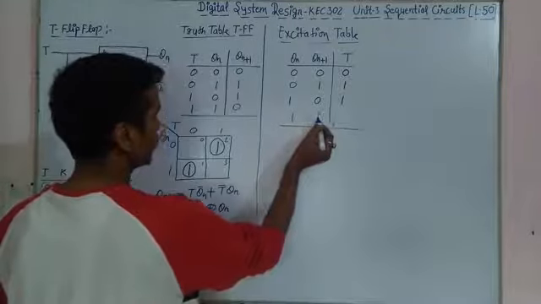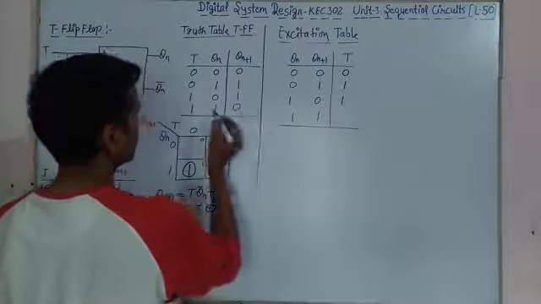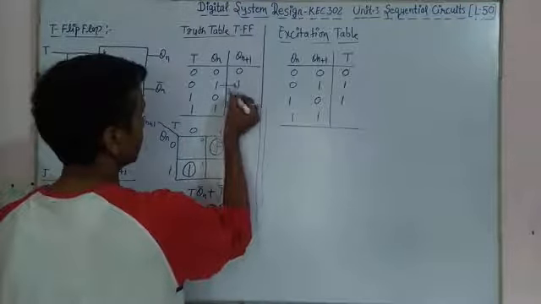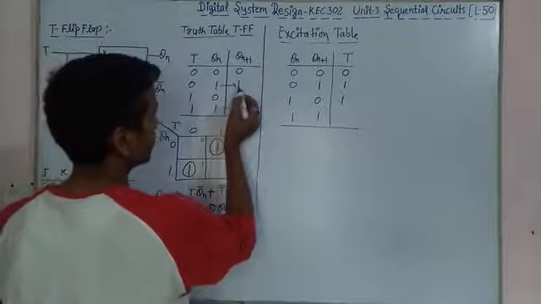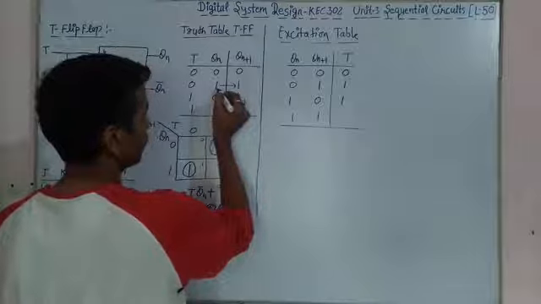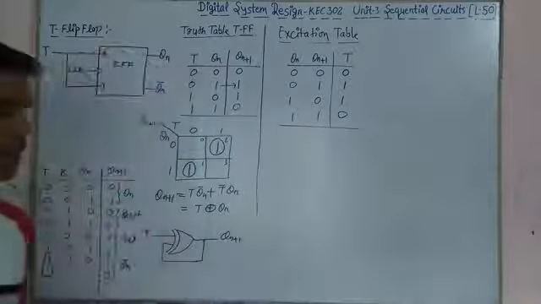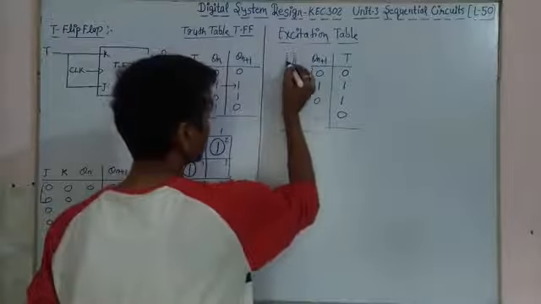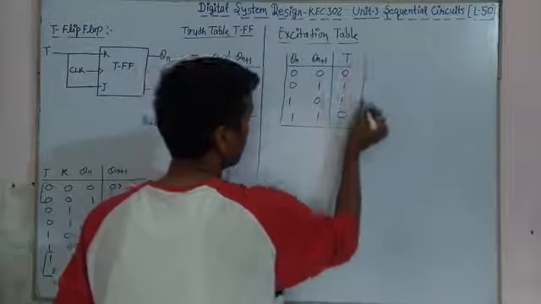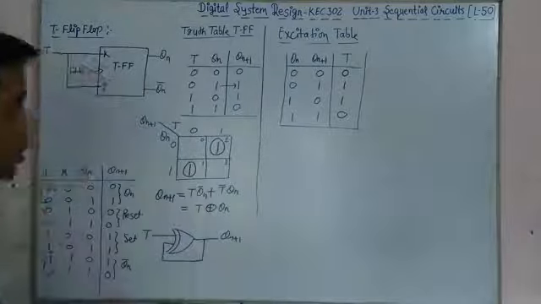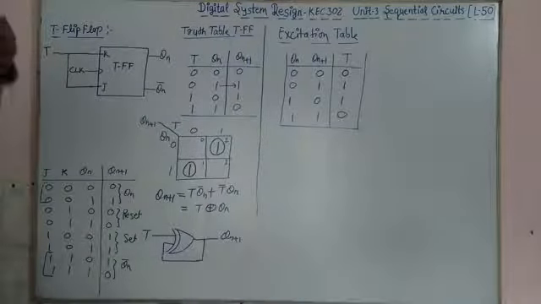And you are getting the output 1 for a given input 1 when T is equal to 0. So this is the excitation table for this T flip flop: 0 1 1 0.